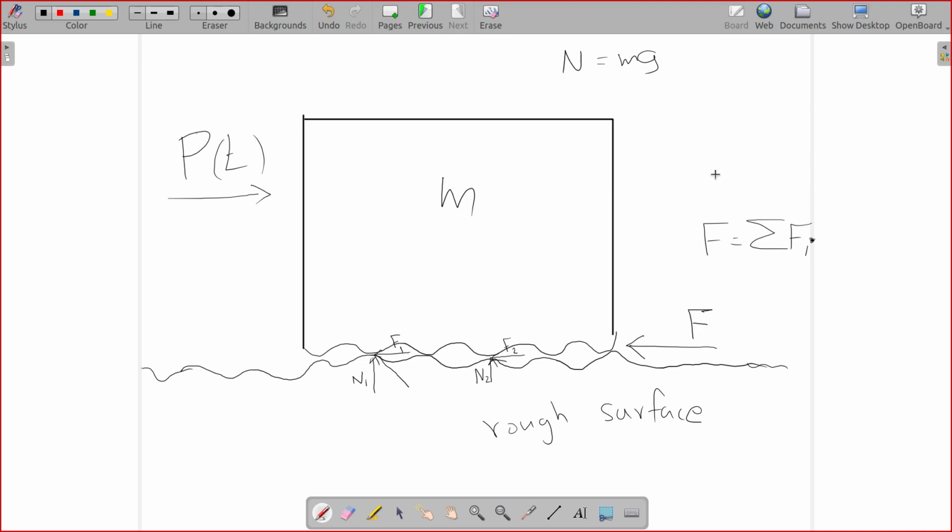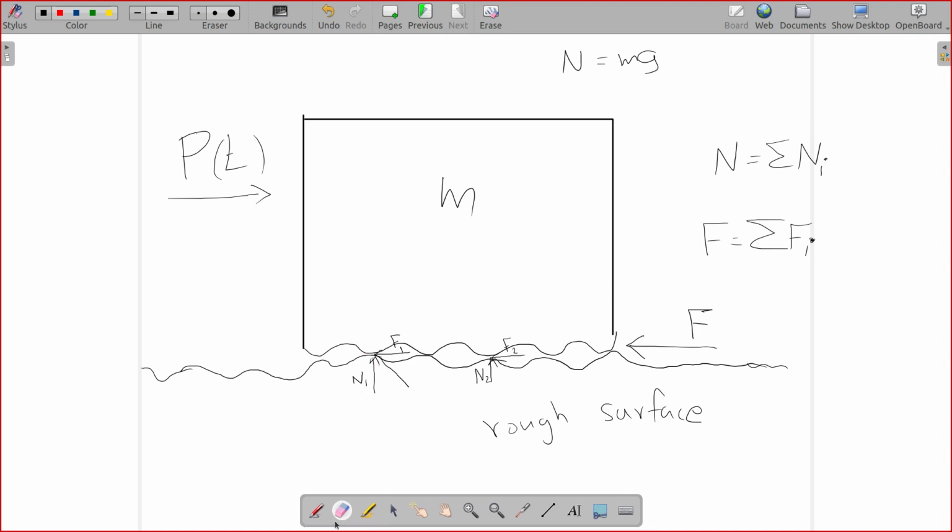Similarly, N is the summation of all these really small values of normal forces. So this is how friction works. This is the reason why we have friction.